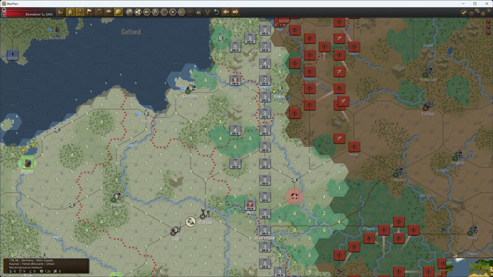A 3-to-1, you got about a 50% chance for it to go for you or against you. A 4-to-1 might be a 60% chance, and a 5-to-1 is going to be pretty much in your favor as the attacker. But on 2 hexes, you're going to be lucky to get 2-to-1.